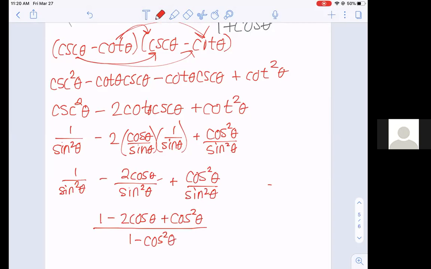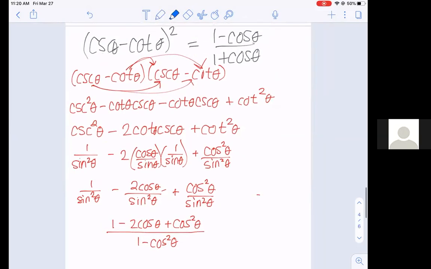I actually just did that because I know my final answer needs to have that in it. So I knew that my denominator could not be sine squared. So I just used my Pythagorean identity, and I used that to come up with my 1 minus cosine squared. So that's where I'm getting that from.